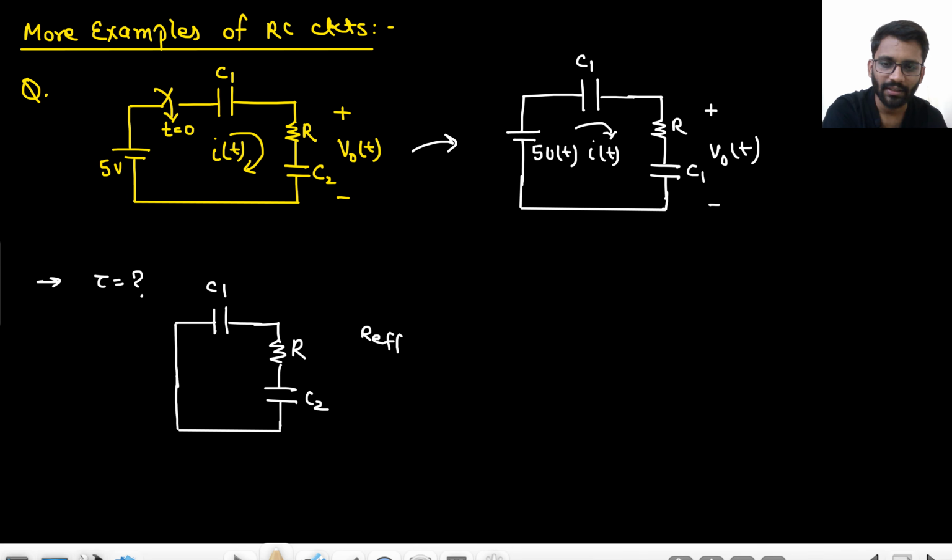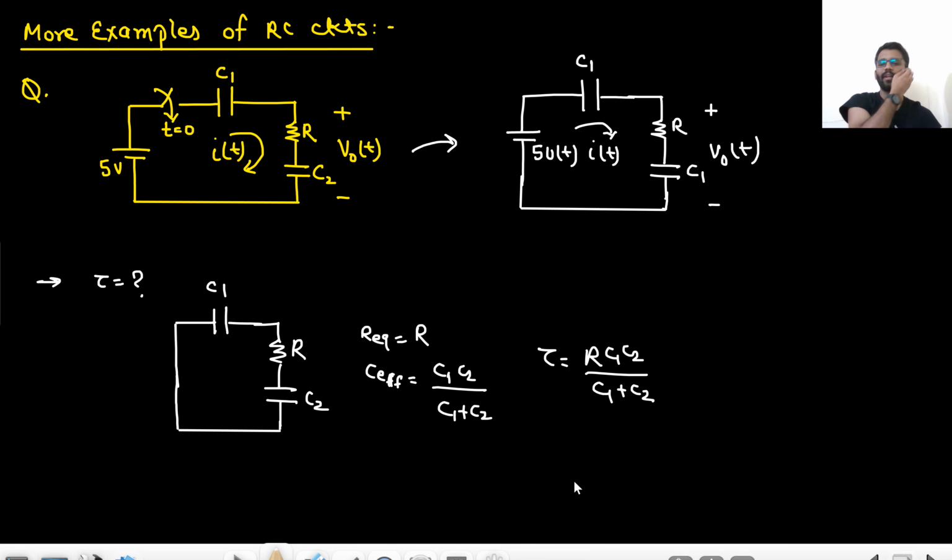R equivalent, I should say, wherever you connect the output, is only R, and C effective, C1, C2 being in series, would be C1 C2 upon C1 plus C2. So what will be your time constant? R C1 C2 upon C1 plus C2. That will be your time constant.